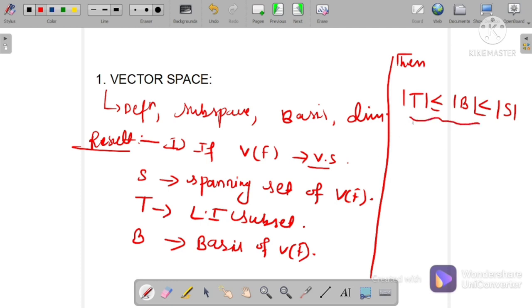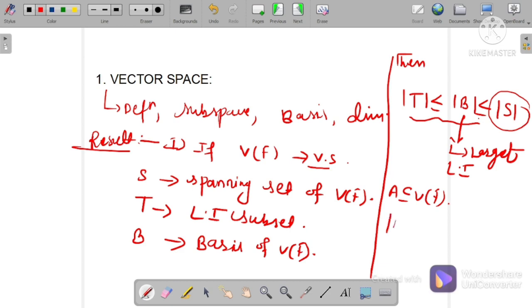What does this mean? This means the basis set B is the largest linearly independent subset of a vector space V, and it is the smallest spanning subset of the vector space V. That means if A is any subset of vector space V, and the cardinality of this set A is greater than the cardinality of the basis set B, then A is always linearly dependent, because B is the largest linearly independent set.